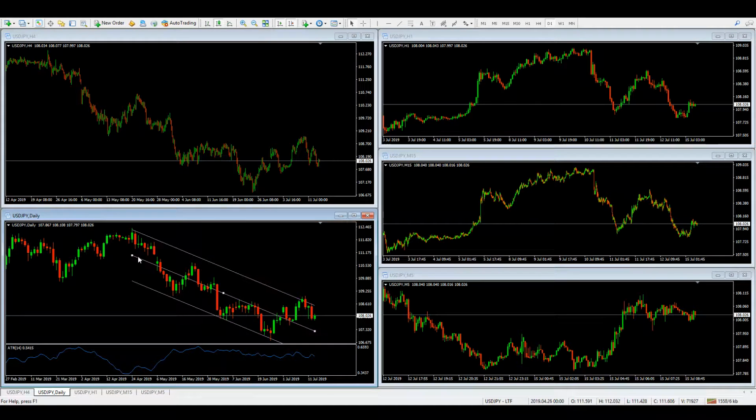Basically, you've got an area where when it's reached an extreme, it has a tendency to move back towards the mean, towards the average. This line in the middle is basically the average, and these two extremes are either side, where the channel is showing one standard deviation away from the price.